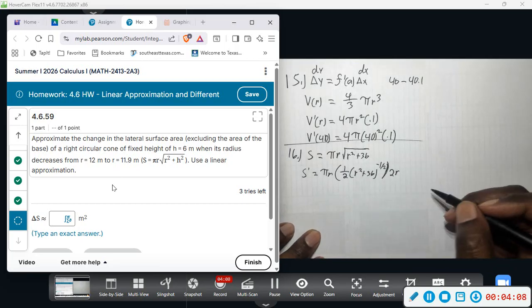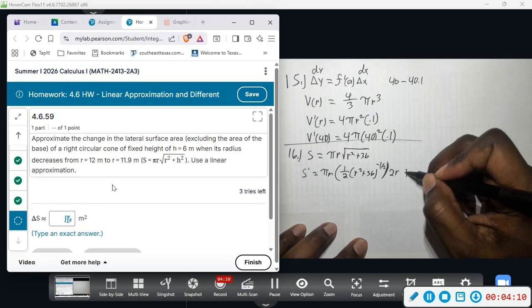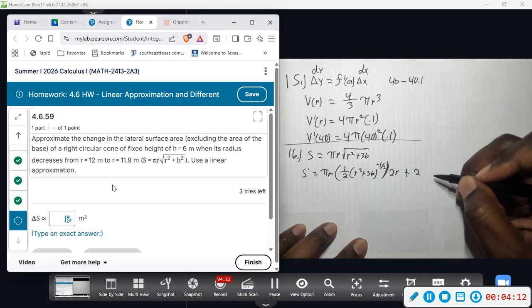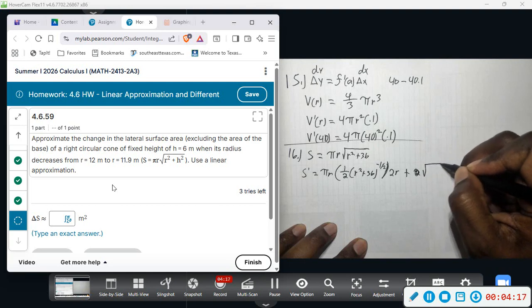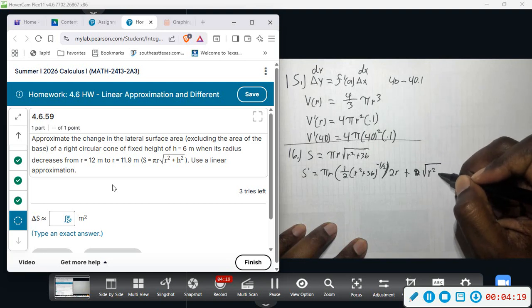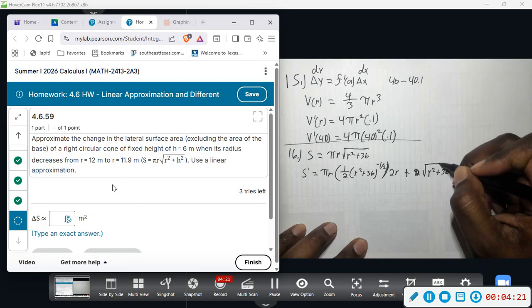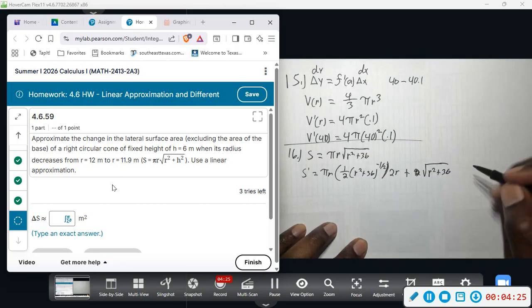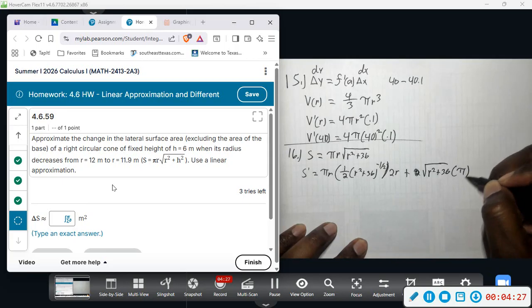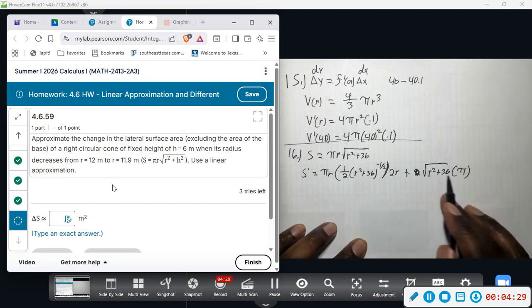Then plus the second function, the square root of r squared plus 36, times the derivative of the first, which is just 1, so it'll just be times pi. All right, so this is the derivative.